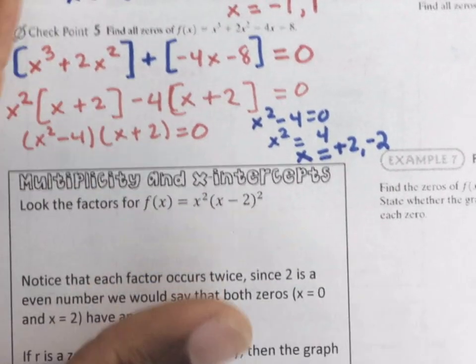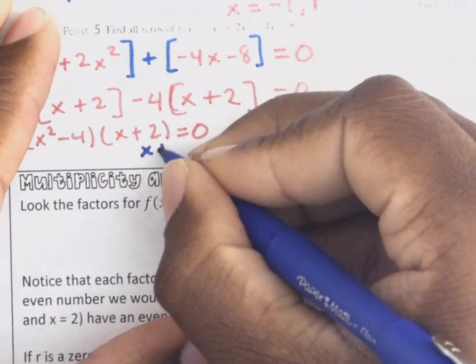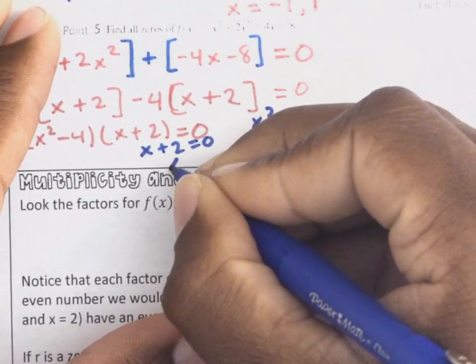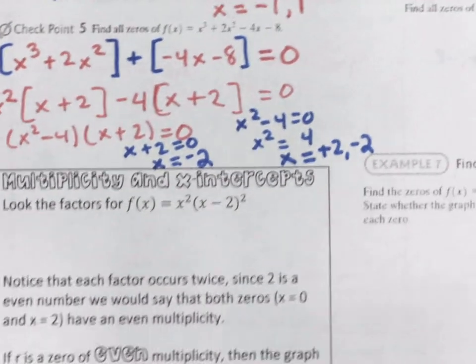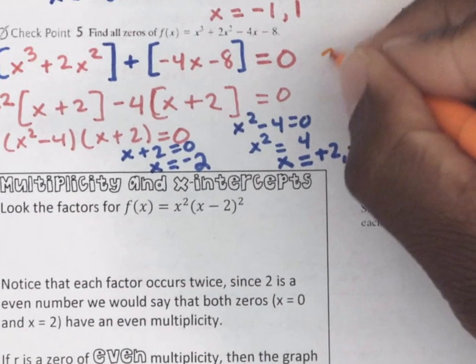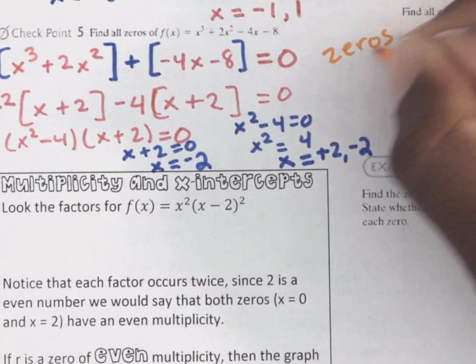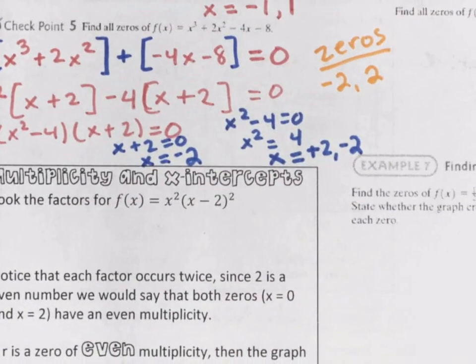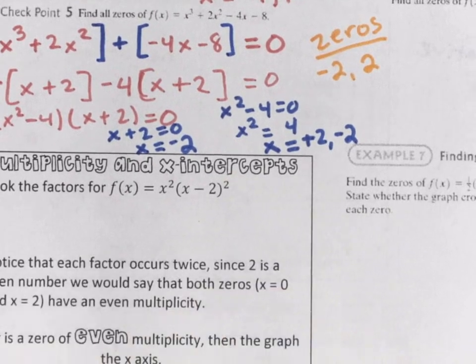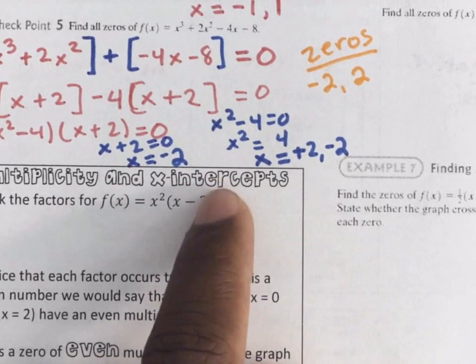And then for this one, x equals -2. So what are my zeros? -2 and 2.